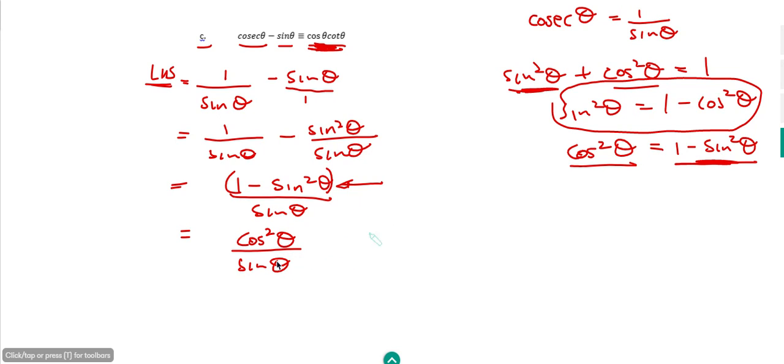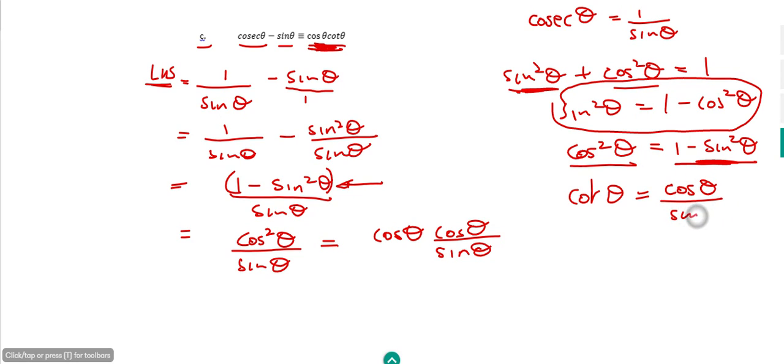And now I'm just going to expand the top line. I'm going to write it as cos theta times cos theta, since cos squared theta is just cos theta times itself. And that's great because we know that cot theta is equal to 1 over tan theta, which is cos theta over sine theta.